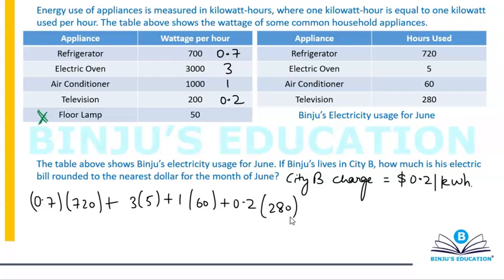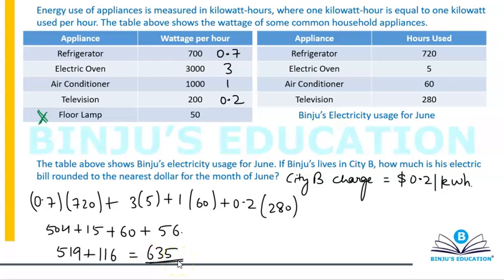So 720 into 0.7, that is 72 into 7, which is 504, plus 15 plus 60 plus 28 into 2, which is equal to 56. So this is 519 plus this will become 116. So 519 plus 116 will simply give me 635.